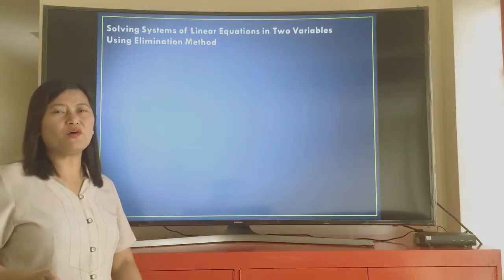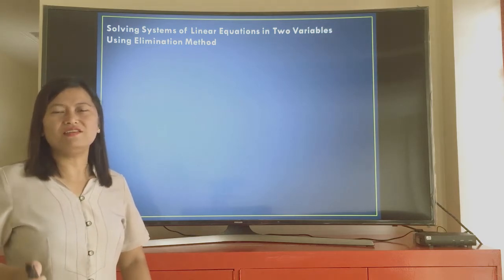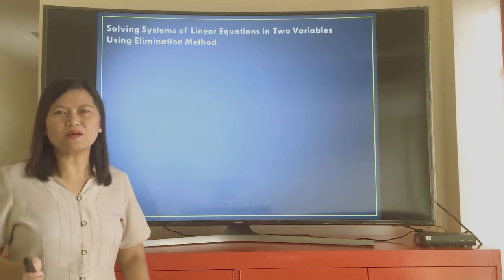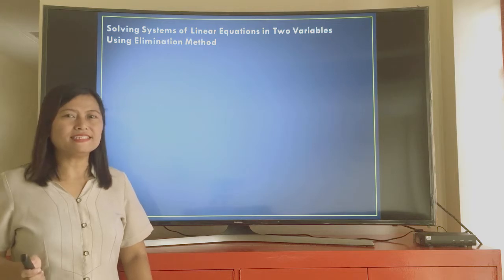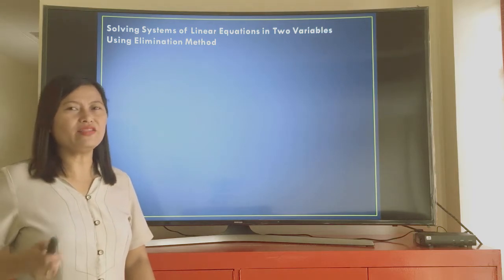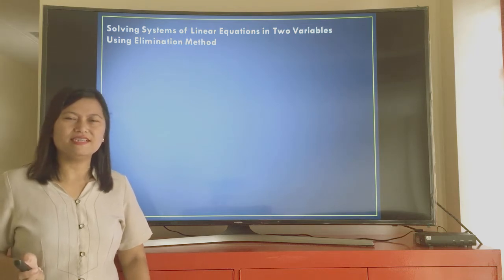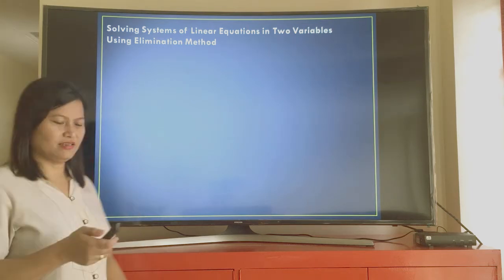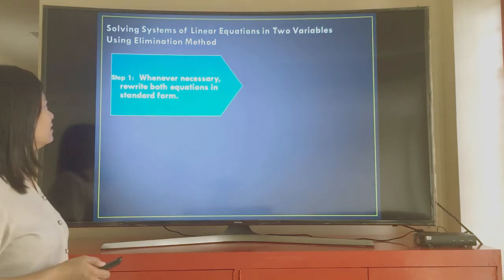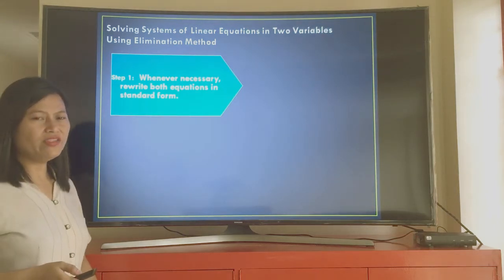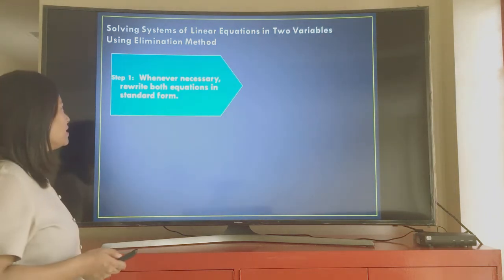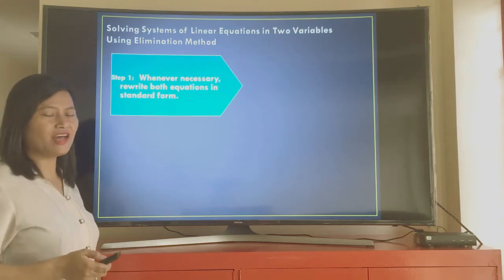There are systems of equations which are difficult to solve using the substitution method, but can easily be solved by another method, which is the elimination method. Here are the steps. Step 1. Whenever necessary, rewrite both equations in standard form.